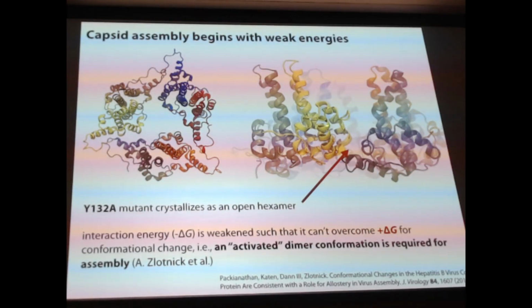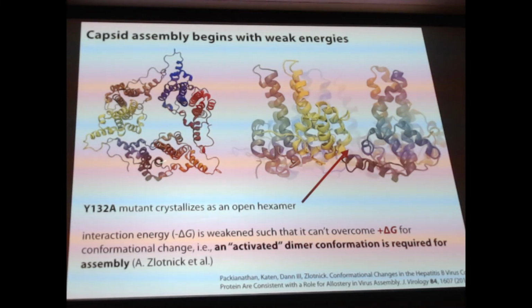So there's a gap where it should come together, and so from that point the capsid does not form. It will assemble into some other conformation. And so what this shows is that this interaction energy, which is normally small, is sufficient to overcome a conformational barrier of sorts.